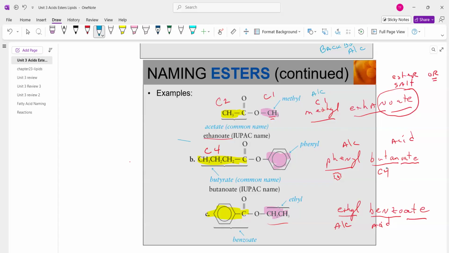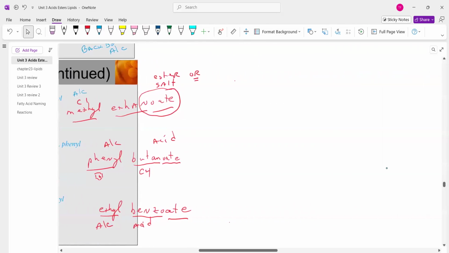So this is the ester salt. We have acid salts and ester salts. Ester salts come from an ester. Alcohol salts come from a deprotonated acid. So let me write that over here.